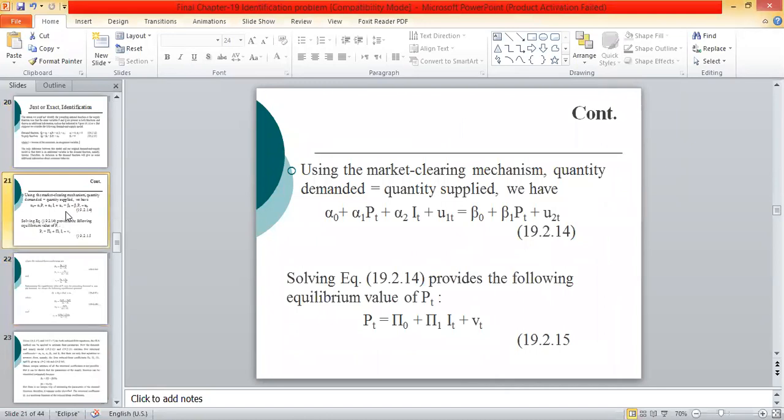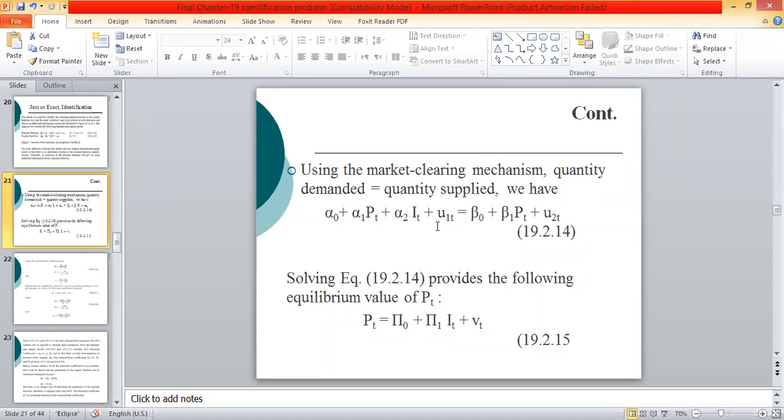So, using the market clearing mechanism, using the equilibrium conditions, we solve this market model. To solve this market model, we equate the quantity demanded with the quantity supplied. As we can see, this is your demand equation, and this is your supply equation.